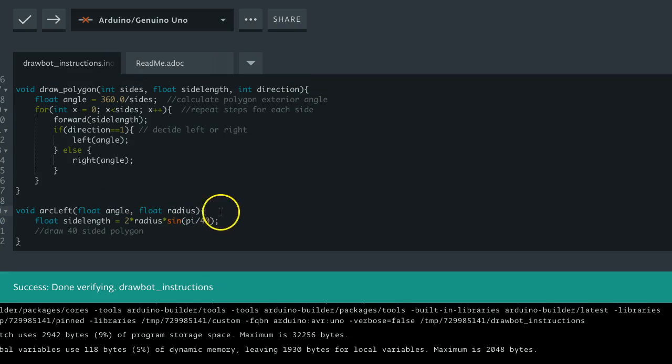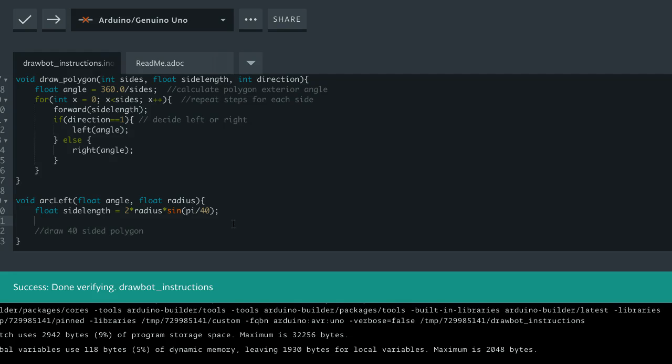Okay, and now the next step is to figure out, if we wanted to, we could just send it straight to the draw polygon function if we were drawing a full circle, but since we're doing part of a circle, we're going to need to figure out how many steps around the circle, or how many times we want to go forward and turn.